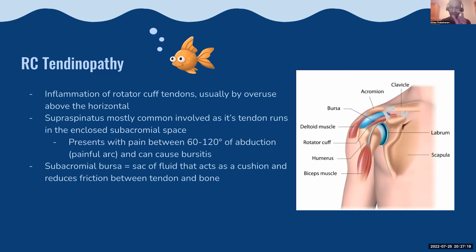So there's quite a narrow portion of space there. When you overuse the muscle, there's a lot of rubbing that goes on, and you get inflammation. You'll experience pain between 60 and 120 degrees of abduction, and you'll assess that in a test we'll talk about in future weeks called the painful arc test.